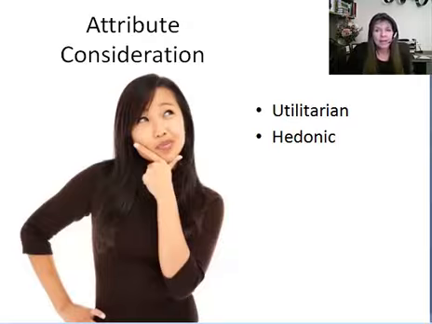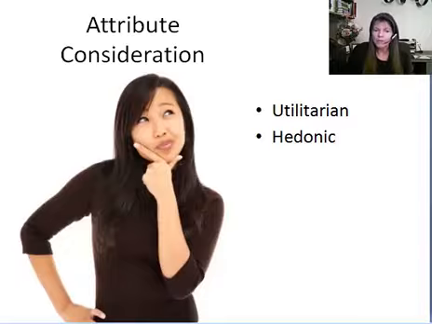And that would be utilitarian, heated steering wheel. And then I would like a really modern model of that car, okay? I want it to look modern, to feel modern. What would that be? And that is hedonistic. And then finally, I want my car to have the option of GPS included, okay, built into the car. And that would be utilitarian.